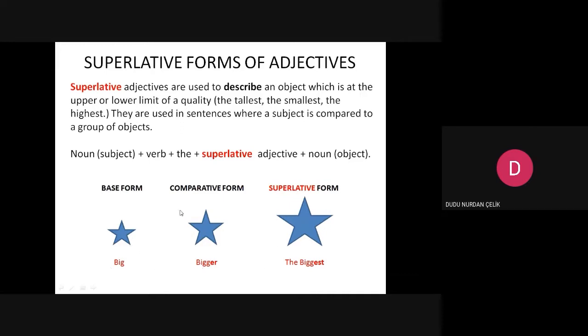And when we compare 3 of the stars in a group and choose the top, we can say the third star is the biggest of all. The biggest. This is superlative form, and when we make superlative, we add est at the end of the adjective.